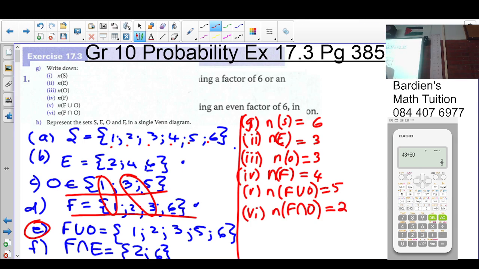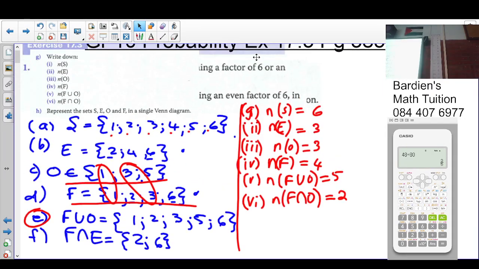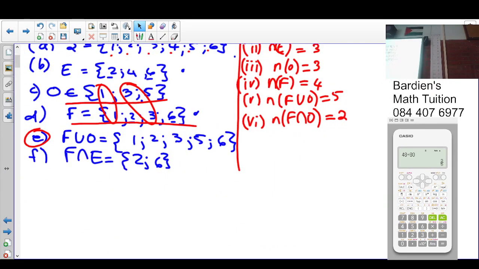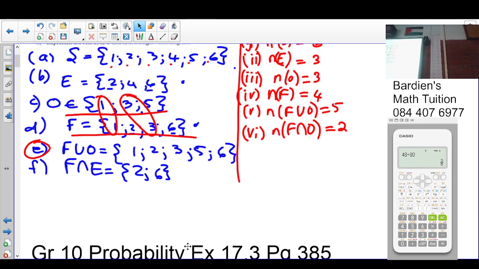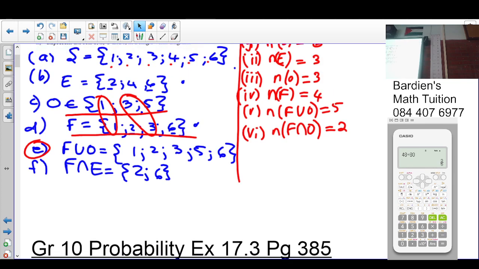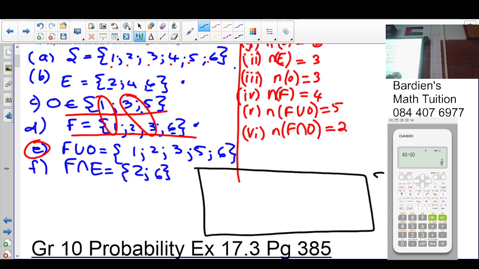Represent the sets S, E, O, and F as a single Venn diagram. So I start off with the sample space. And we know that there are 3 events happening. Are events E and O joined?